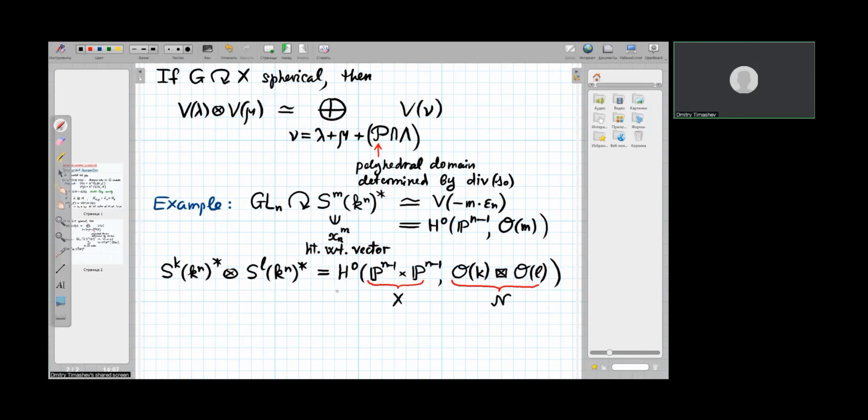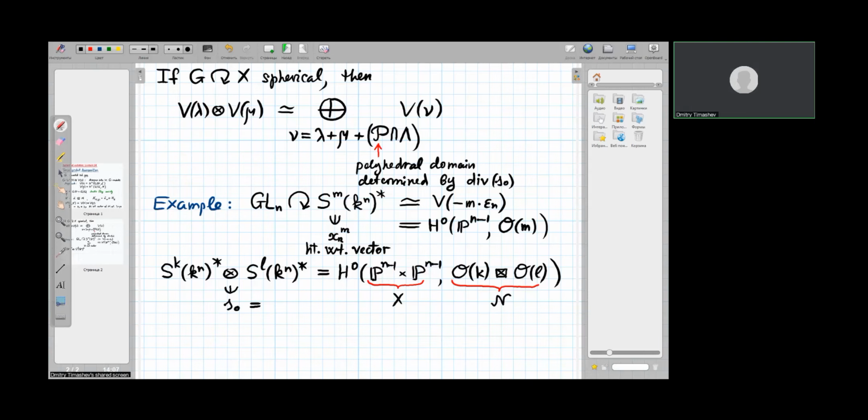And in this tensor product, in this space of sections, we have a highest weight vector s_0, which is just the tensor product of highest weight vectors of these two tensor factors. So the highest weight vectors are of this form, but they are taken with respect to projective coordinates on each copy of this P^{n-1}.